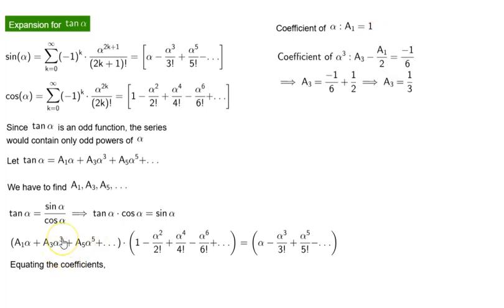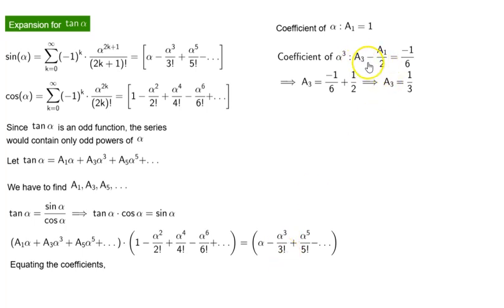Now let's look at alpha cube. So alpha cube we will get when we multiply a sub 1 alpha times minus alpha square by 2 factorial, and a sub 3 alpha cube times 1. So which means a sub 3 minus a sub 1 by 2 is equal to, and on this side we have minus 1 by 3 factorial, that is 1 by 6.